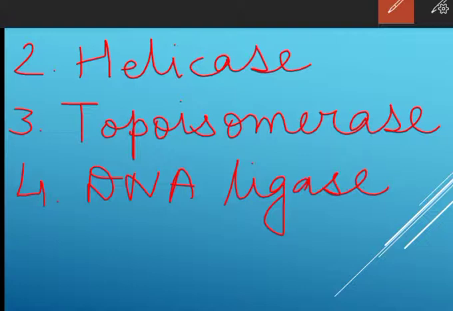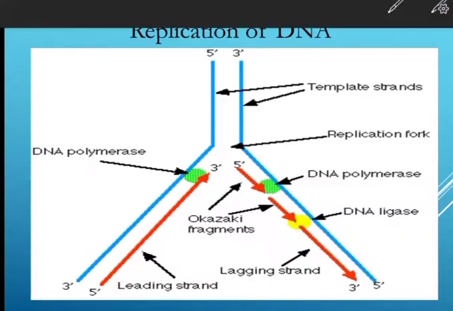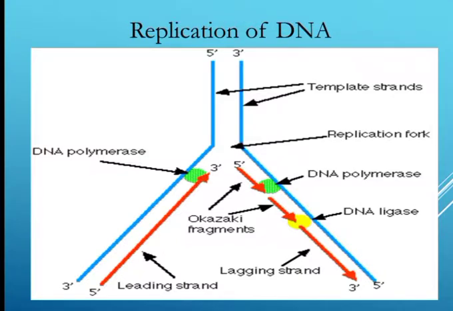Okay, so you have understood which are the enzymes that are required for DNA replication and their functions. Now let us move to the next slide, that is the process of DNA replication. Replication is an energy expensive process. It requires energy.